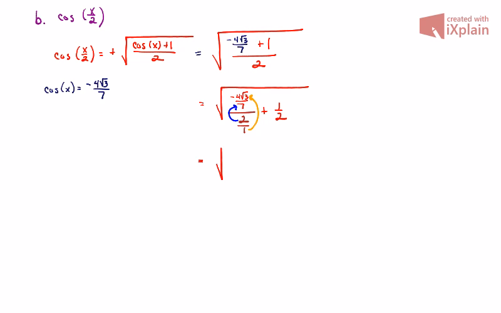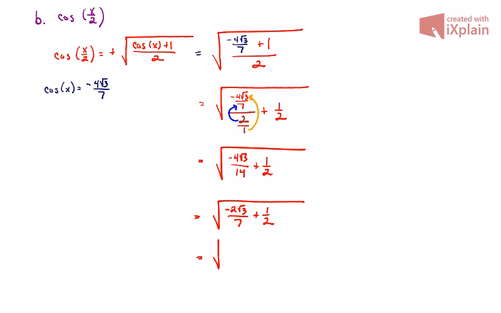So this is going to end up being equal to, so negative 4 root 3 times our 1 will just give us negative 4 root 3, and 7 times 2 gives us our 14, plus 1/2. And then we can simplify that down, and this becomes the square root of negative 2 root 3 over 7 plus 1/2.